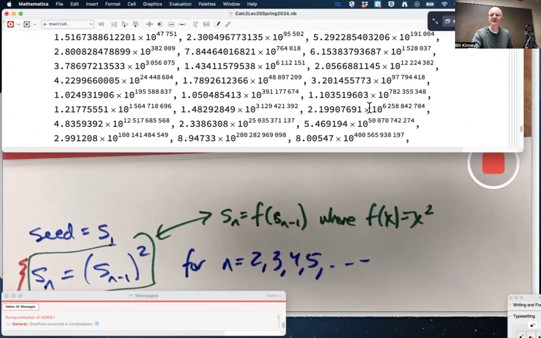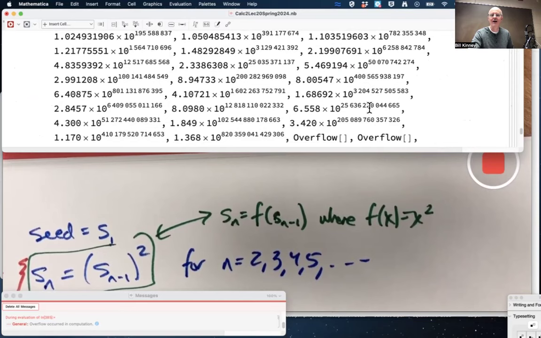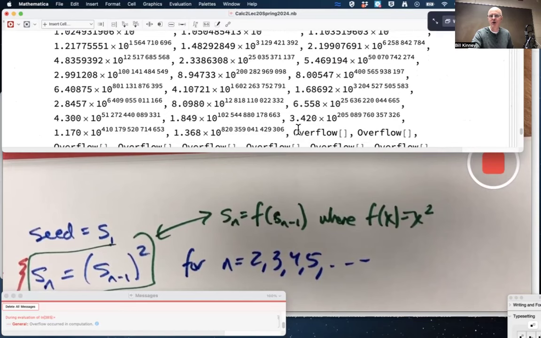Look at those powers of 10. Whoa. Oh, even Mathematica gets to the point where it overflows. Look at that. 10 to the what? 820 trillion, 359 billion, 41,429,306 power. You know, the number of atoms in the observable universe is like 10 to the 80th.